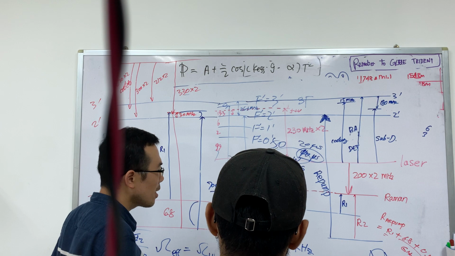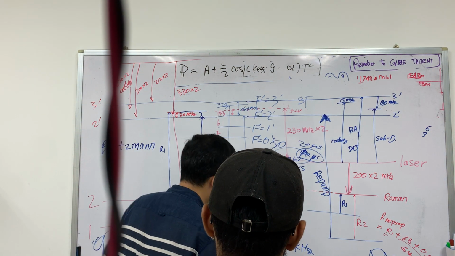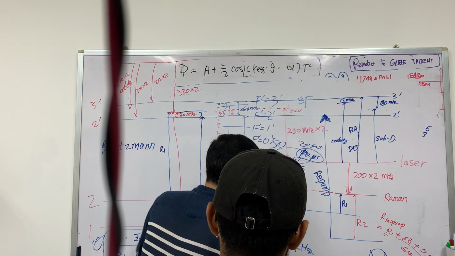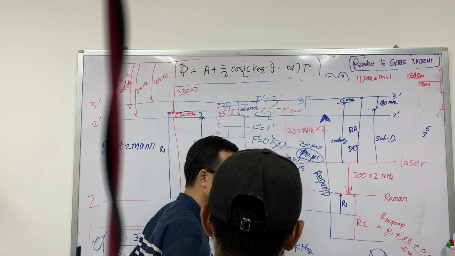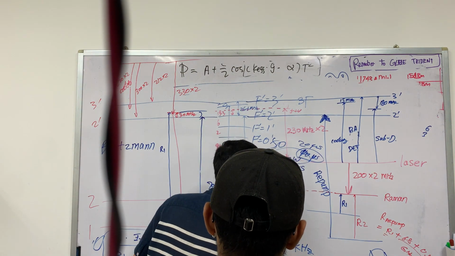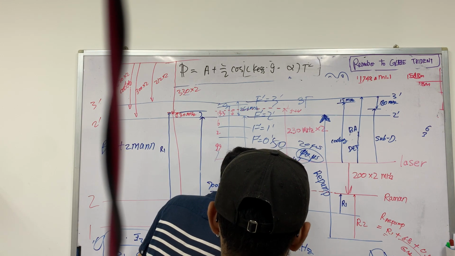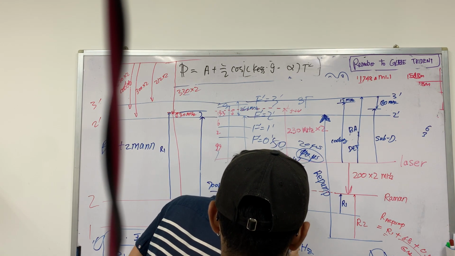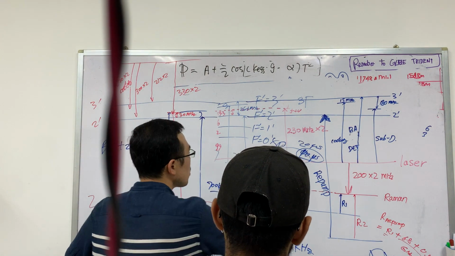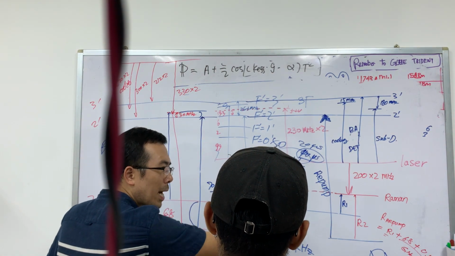If your Rabi frequency is very high, let's say this transition is 2 pi, which is one period, then you're going to have 500 kilohertz. That means you can couple to the other states. That is bad.